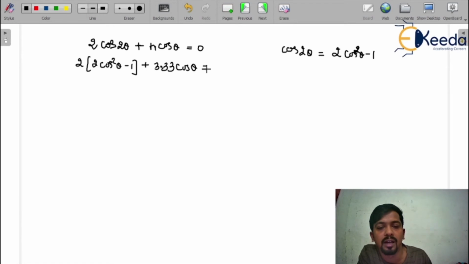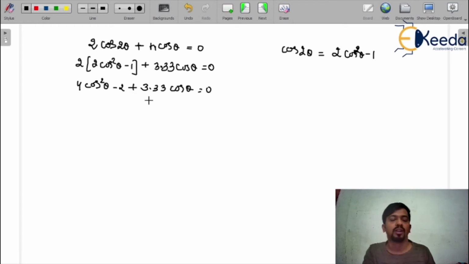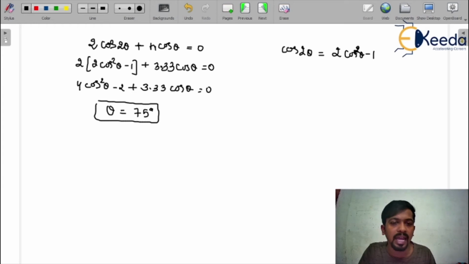Here you get 4 cos square theta minus 2 plus 3.33 cos theta is equal to 0. Now when you solve this equation, you will get the value of theta, and that comes out to be 75 degree. So this is the angle at which the maximum velocity occurs.